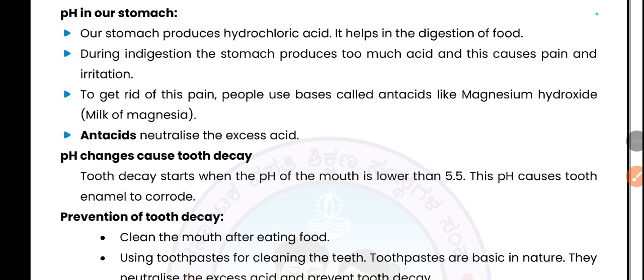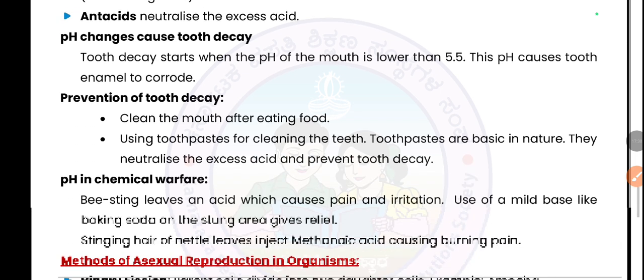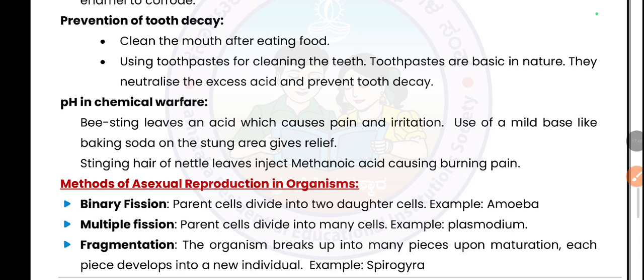pH changes cause tooth decay. Tooth decay starts when the pH of the mouth is lower than 5.5. This pH causes tooth enamel to corrode. Prevention of tooth decay: clean the mouth after eating food. Using toothpaste for cleaning the teeth. Toothpastes are basic in nature.